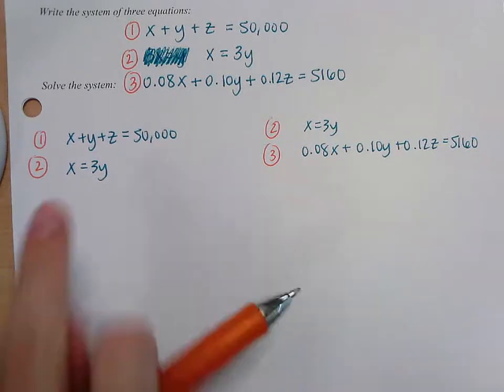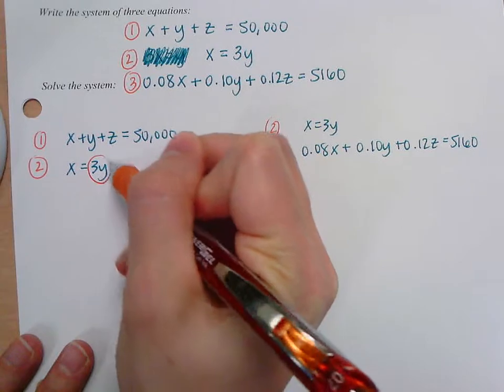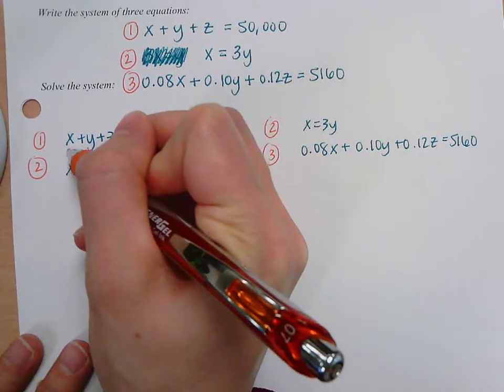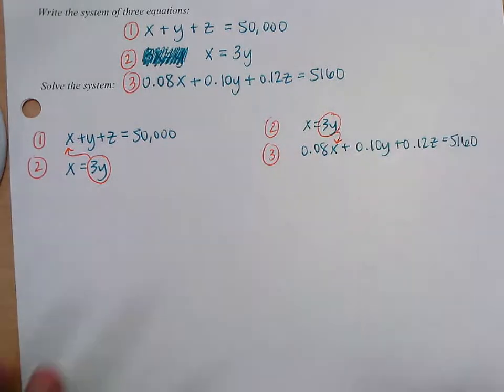So since I know x is equal to 3y, I'm going to substitute 3y in for x into equations 1 and 3. So I'm still eliminating x by doing that. I'm eliminating the x even though I'm not using the elimination process.